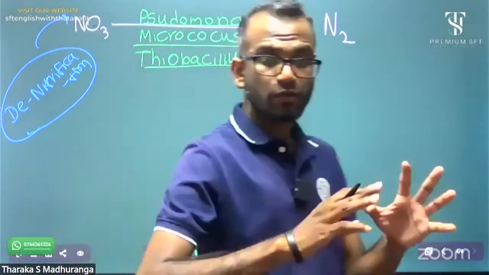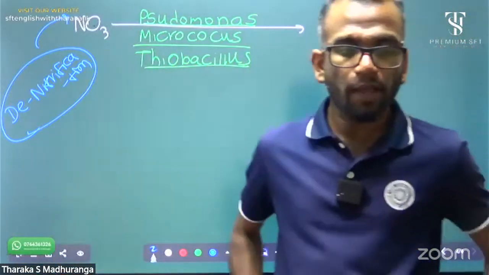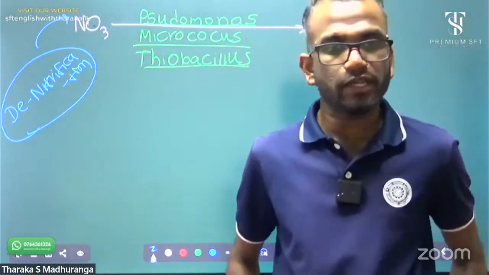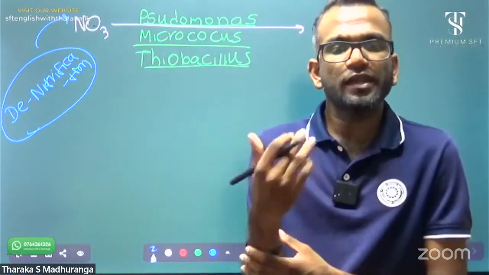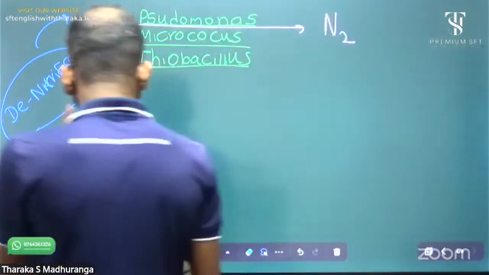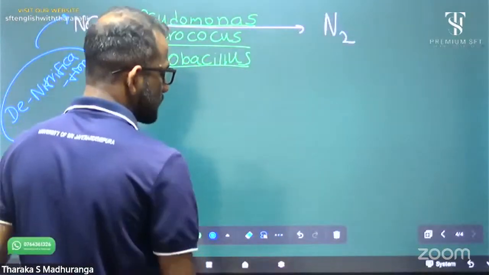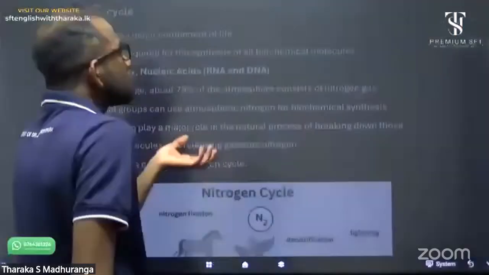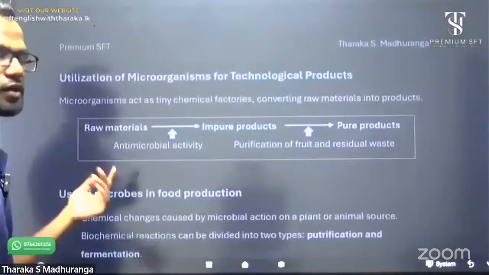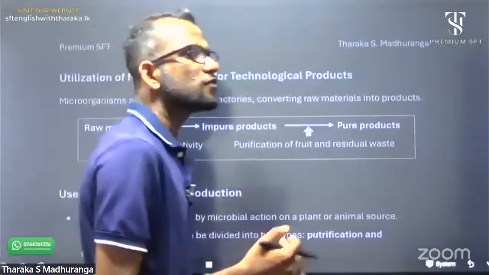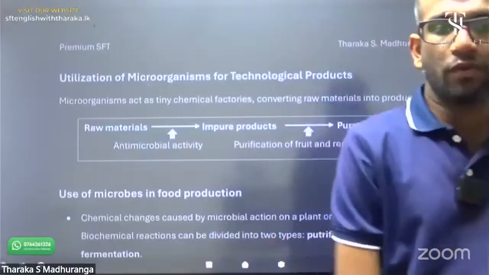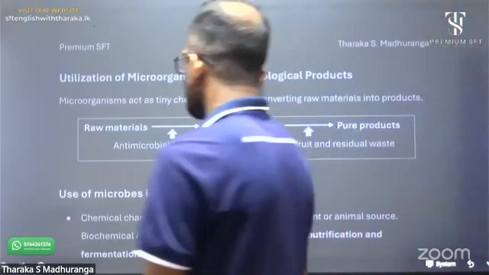Okay, we discussed how to use microorganisms in agriculture. Agriculture is mainly involved in soil fertility, maintaining the cycles of nutrients, very important, the nitrogen and other cycles, to keep the balance of each nutrient cycle.